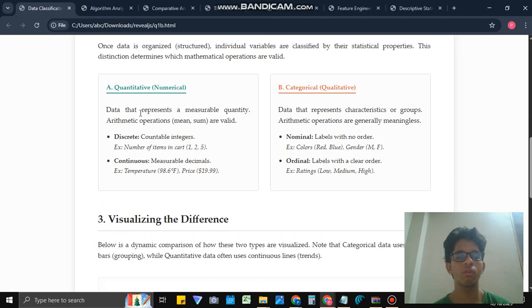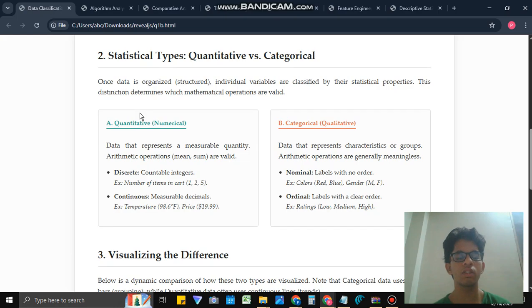The statistical type, quantitative versus categorical data. In quantitative data, we have discrete and continuous values. Discrete values like 1, 2, 5, continuous like 98.6, 99.9, etc. And in categorical or qualitative data, we have values like nominal and ordinal, like colors, red, blue, gender, male, female.